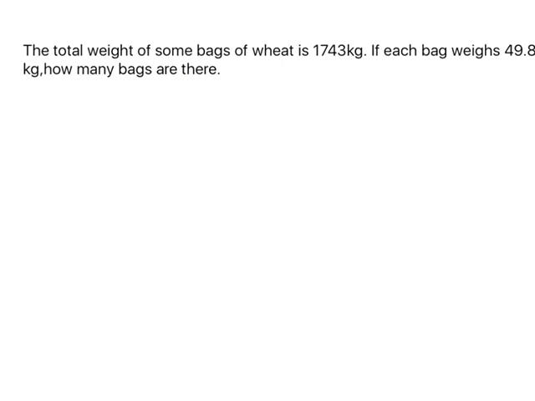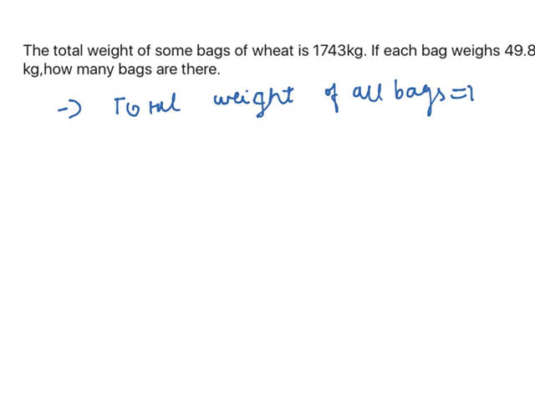Next question we have: the total weight of some bags of wheat is 1743 kg, and each bag weighs 49.8 kg. We have to find out the number of bags. So in the question we are given the total weight of the total number of bags. It means the total weight of all bags is equal to 1743 kg, right?